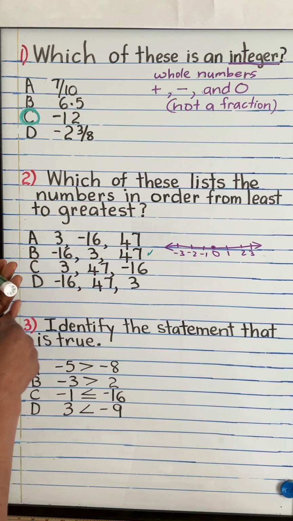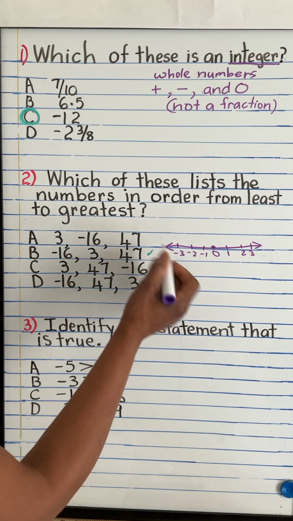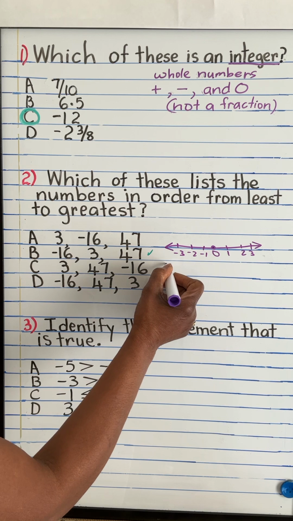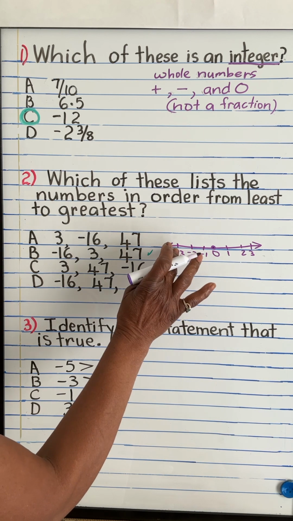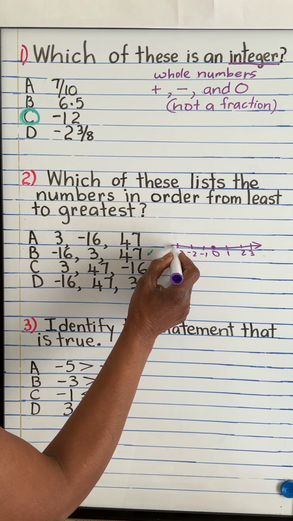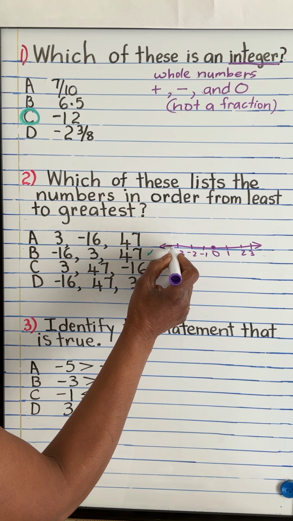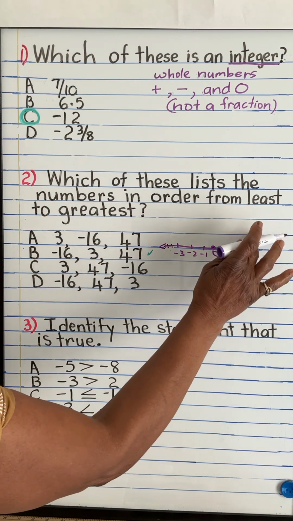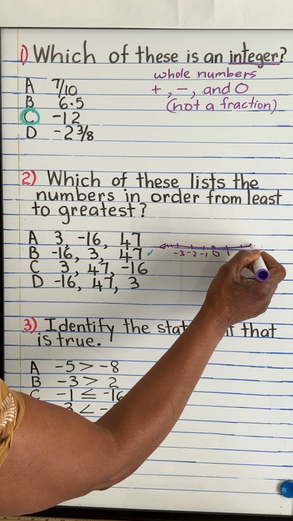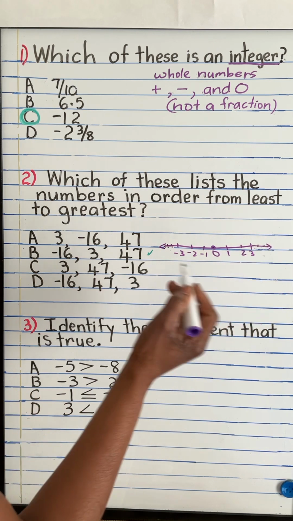Okay, let's put it another way. I could have dot, dot, dot, which means it increases to the left and continues, and on this side, dot, dot, dot.